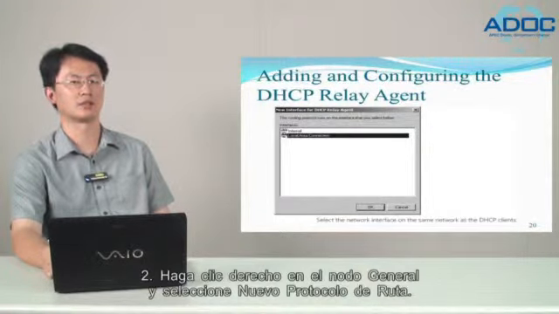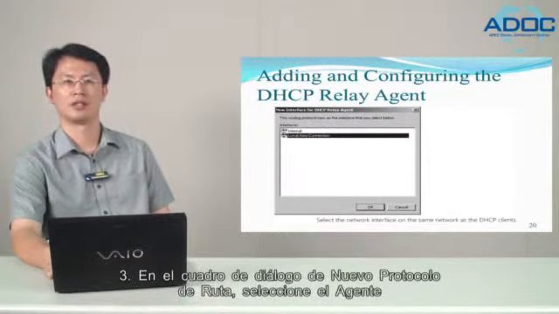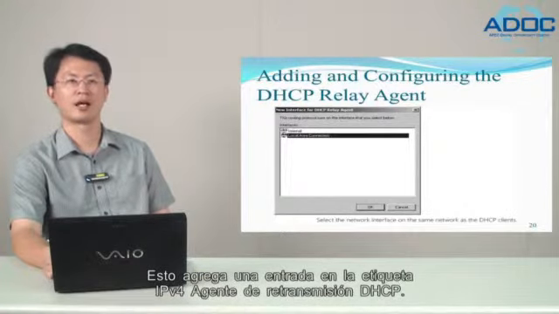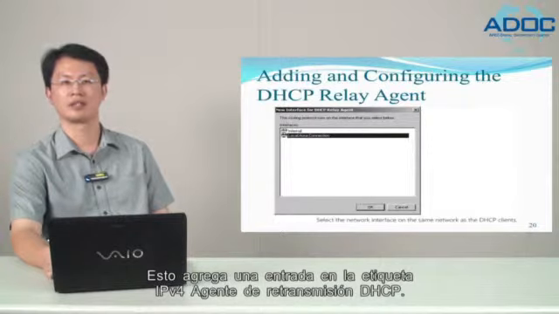Second, right-click the General node and then choose New Routing Protocol. Third, in the New Routing Protocol dialog box, select DHCP Relay Agent, and then click OK. This adds an entry under IPv4 labeled DHCP Relay Agent.